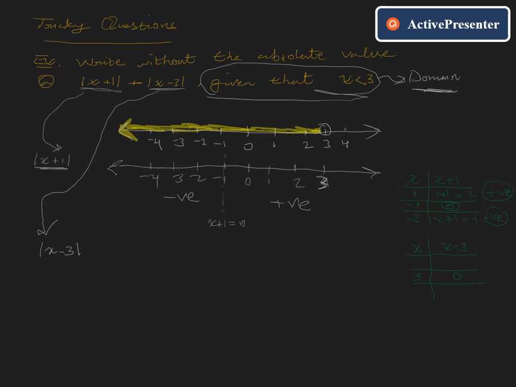Now, if we draw the number line, okay, here we have 0, 1, 2, 3, okay. Here we have negative 1, negative 2, negative 3, negative 4, okay. So at x equals 3, we know that x minus 3 equals 0.